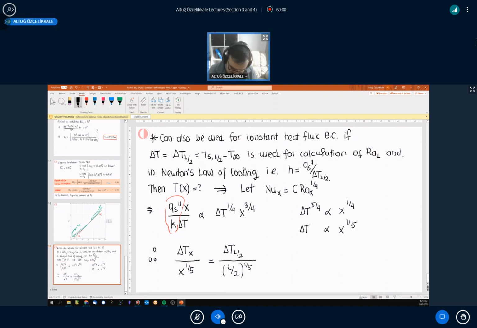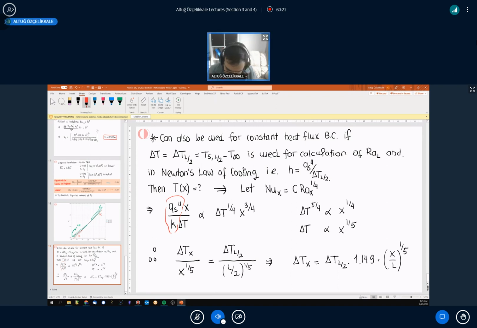And if you rearrange the terms, you are going to see that this delta T_x is going to scale with this reference temperature difference at the middle of the plate multiplied by 1.149 times x over L raised to the power 1/5.